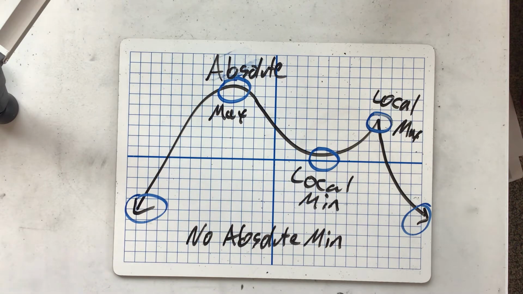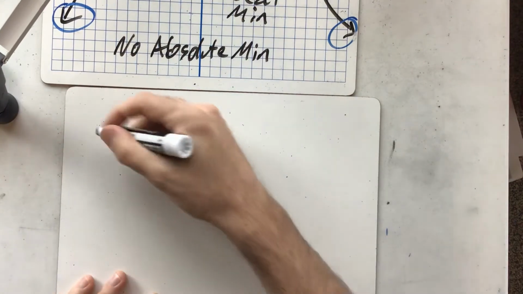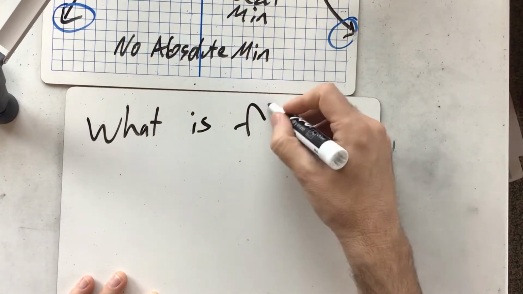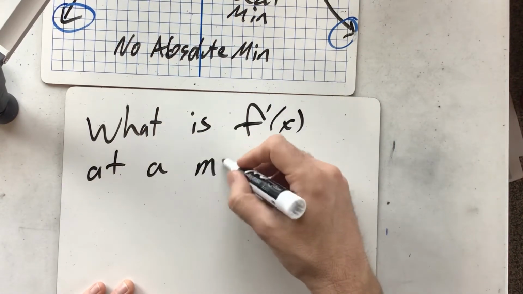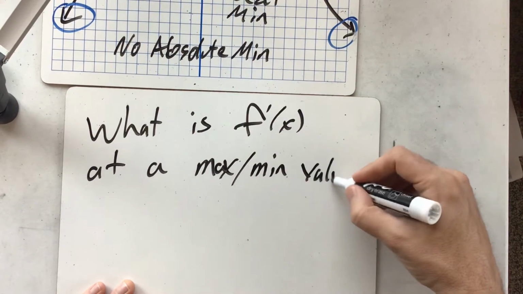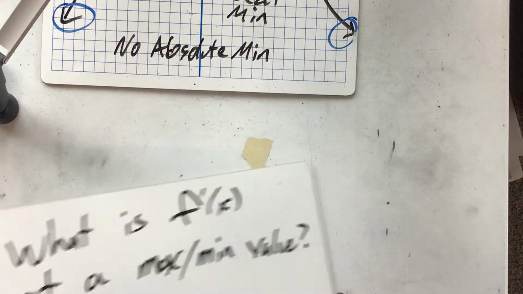What is the derivative at a maximum or minimum value?